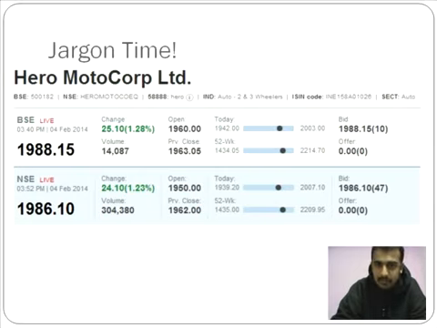You will never come across Hero Motor Corporation at 1900 in BSE and 1800 in NSE. Such a massive difference is just not possible. The difference you would come across here is, I'm guessing, less than 2 rupees. A 2 rupee difference versus several hundred rupees, it's really not possible to come across such a big difference.